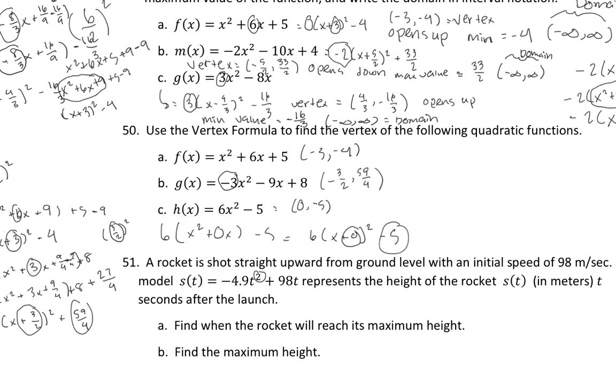And so in order to make this easier for ourselves, we can get this equation in vertex form, and that'll give us the time when it equals the maximum height. That's going to be like our x term, and it'll also give us our maximum height, which will be the y term of that vertex. And so if we start rewriting this, we got to take this out of both terms, right?